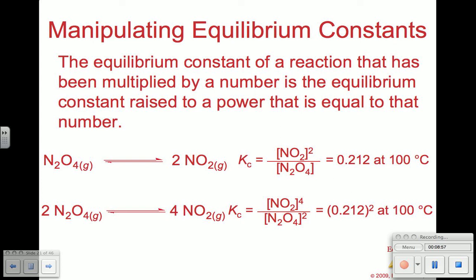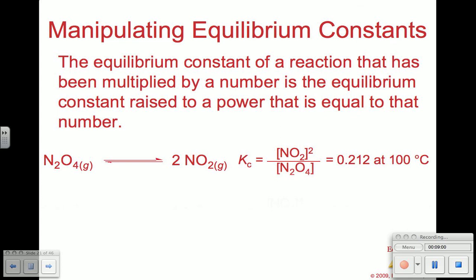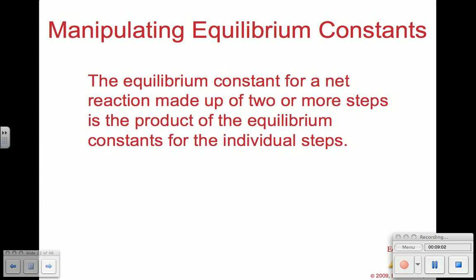The equilibrium constant for a net reaction made up of 2 or more steps is the product of the equilibrium constants for the individual steps. This is the idea that let's say you have a multi-step reaction, and each one of those steps has an equilibrium constant. So what you can do is add those steps together, just like we might add 2 equations together, and let's say there was a slow step and a fast step, like we were looking at in chapter 14 with kinetics.